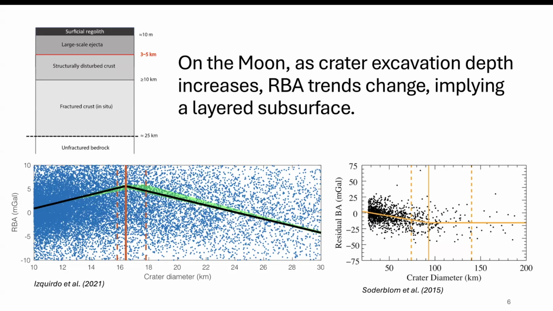It would be discrete layers, regolith and megaregolith layers. The discontinuity she identifies at about 3 to 5 kilometer depth is when the porosity starts decreasing significantly. Over here on the right, I have continuing crater diameter size and RBA values.